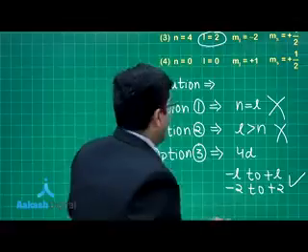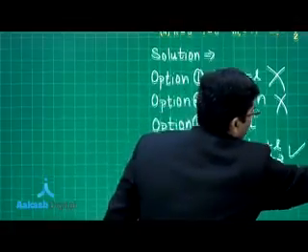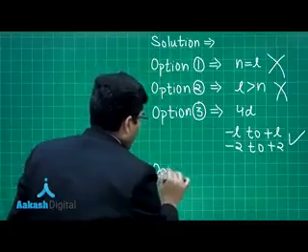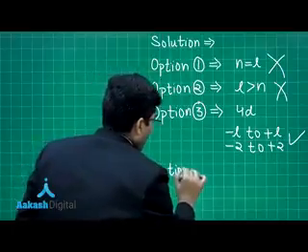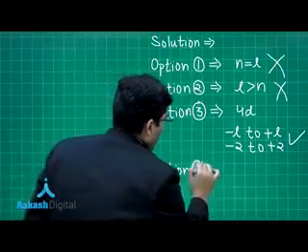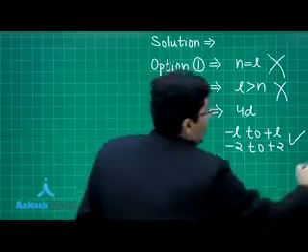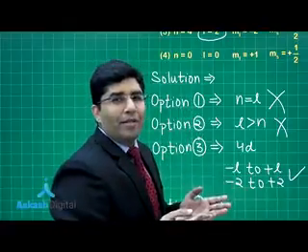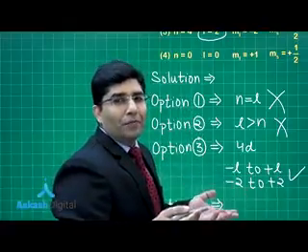And if we see the fourth option, in option number 4, n is equal to 0. N equal to 0 means no shell.